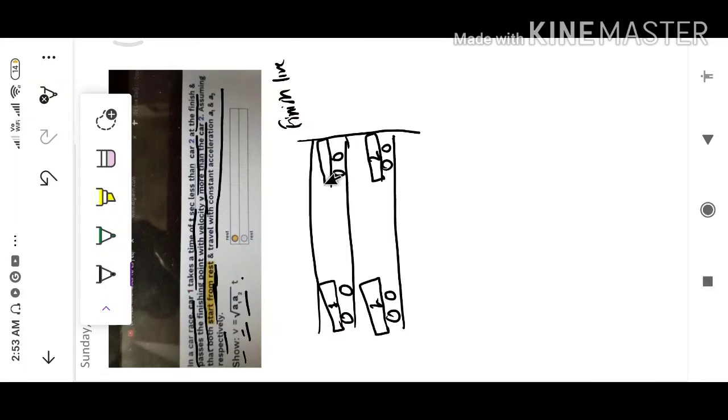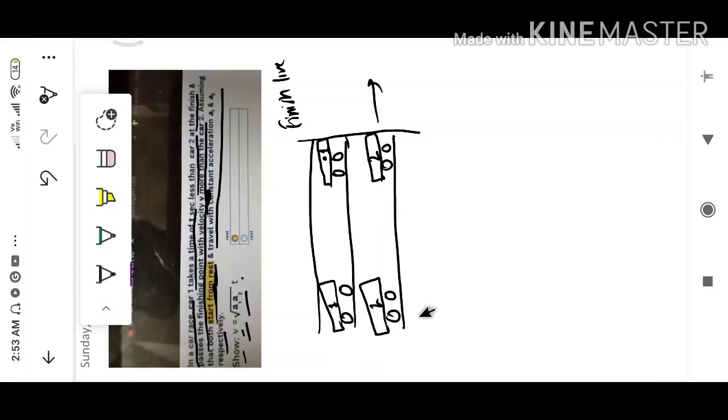Car 1 will cross the finish line with velocity v more. See, here it is given velocity v more than car 2. Accordingly we can make an assumption.